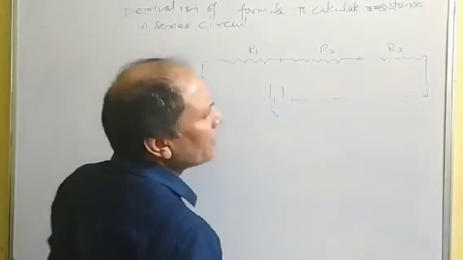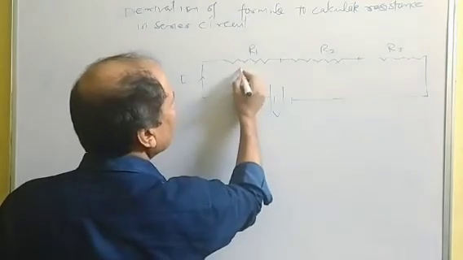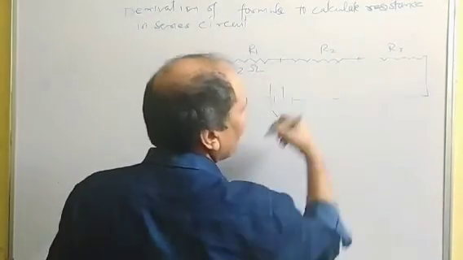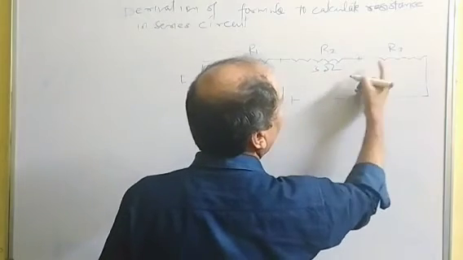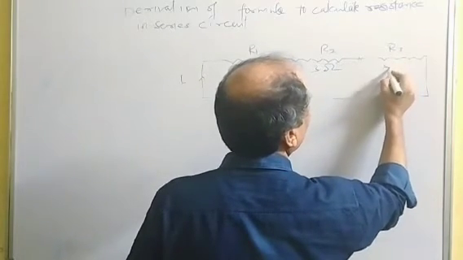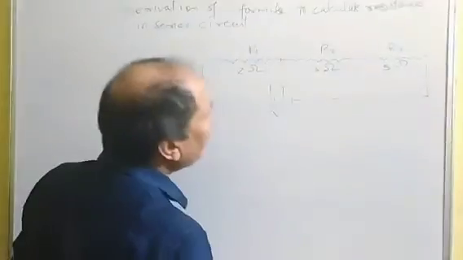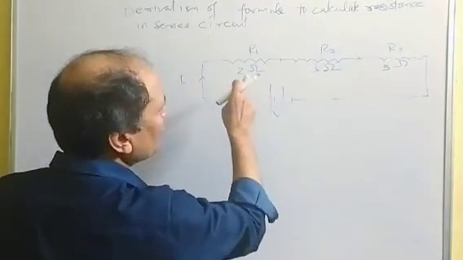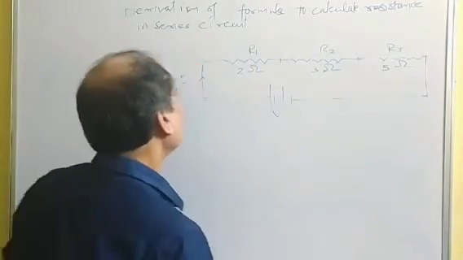Suppose the value of resistance R1 is 2 ohm, R2 is 3 ohm, and R3 is 5 ohm. So calculate the total value of the resistance in the circuit.